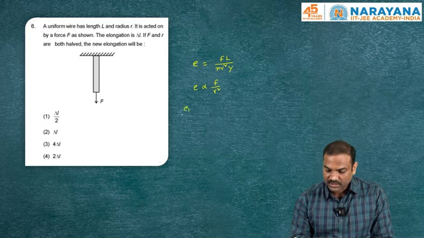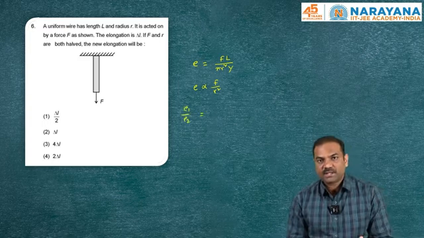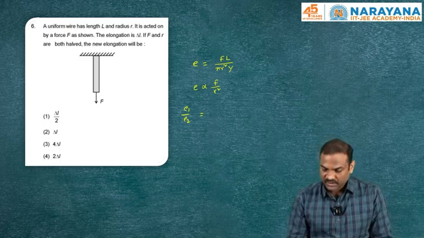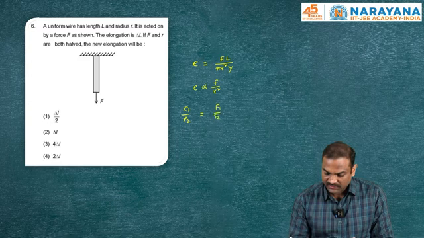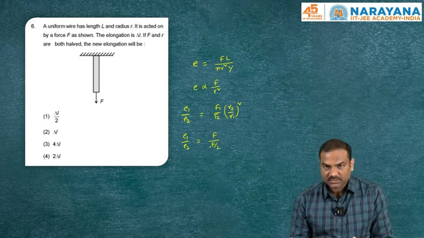My assumption is E1 is the extension in the first case and E2 is the new elongation they are asking. So E1 by E2 is F1 by F2 multiplied with (R2 by R1) whole square. F1 is F, and F2 is the new force.